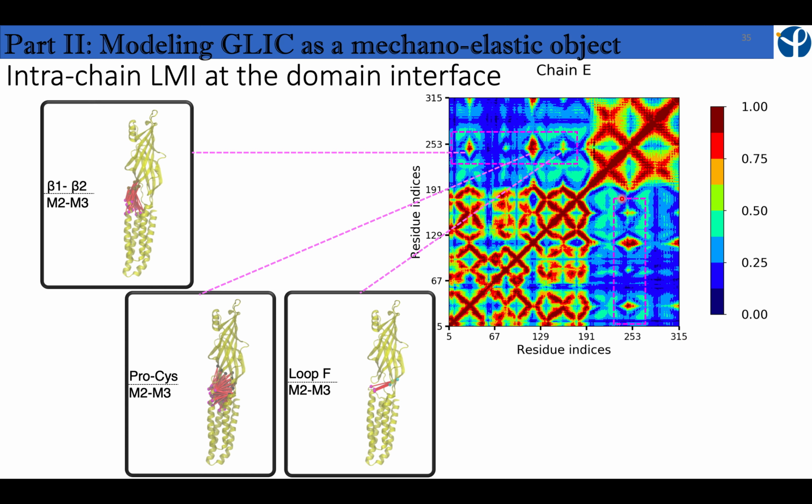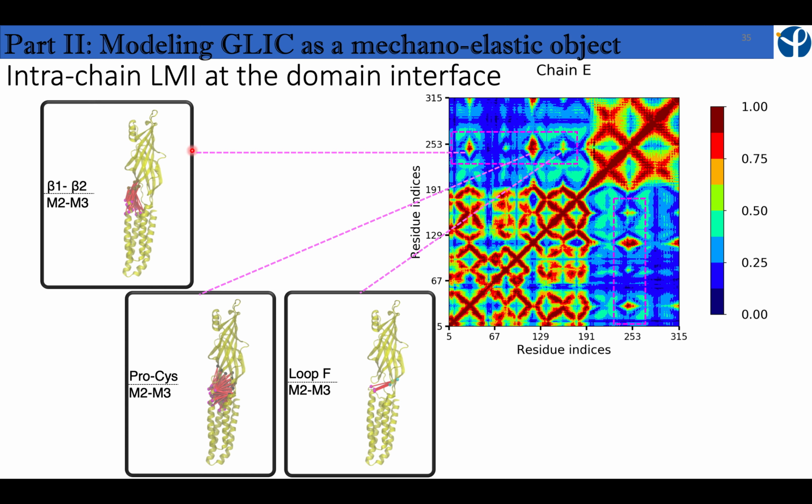And these loops, for example, one of them is loop F. Here you can see a high intrachain correlation for loop F, and high intrachain correlation for pro-cis loop. And again, beta 1, beta 2 loop also show high correlations. So these are important loops that transmit fluctuations and probably transmit force also.